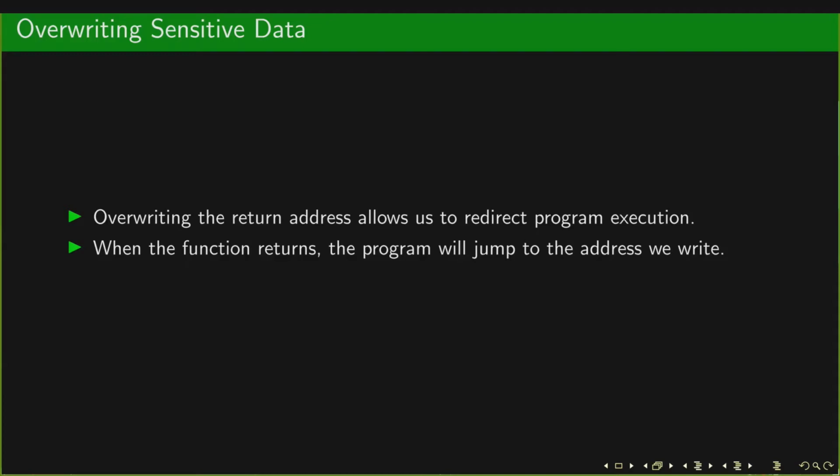So if we overwrite the return address with a bunch of zeros, when the function returns, it's going to try to return to the memory address of a bunch of zeros, and assuming that address is not valid code, we will then crash the program. And the whole idea of binary exploitation is, what if we pointed it to valid code? What can we do? How can we get the program to do interesting things?